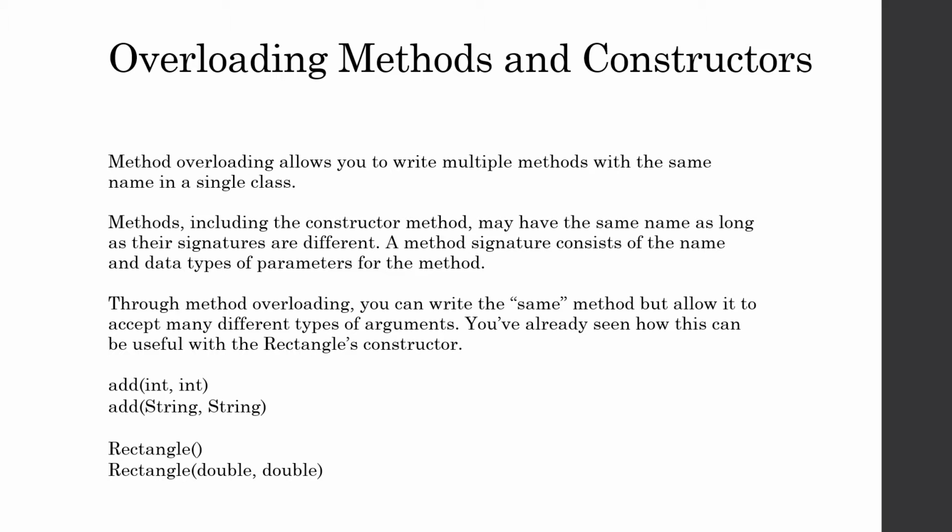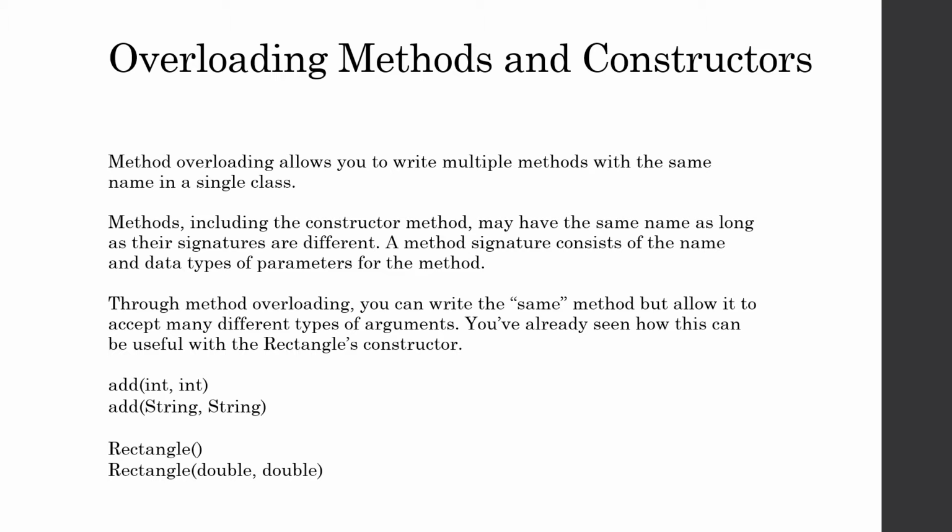Maybe if we had some kind of add method that we use later on, there's two different variations we could think about. One of those is the add method with two integers. That's kind of the equivalent of just the math operator, where we just add two numbers together to get their sum. Alternatively, we could have one where it's add with two strings. You can kind of think of that like using the plus operator with string concatenation, where instead of trying to get some kind of sum of two strings, what you're really doing is combining them together to form a larger string.